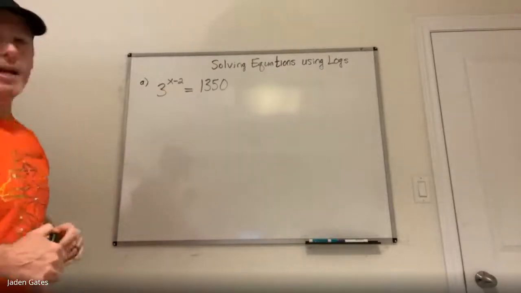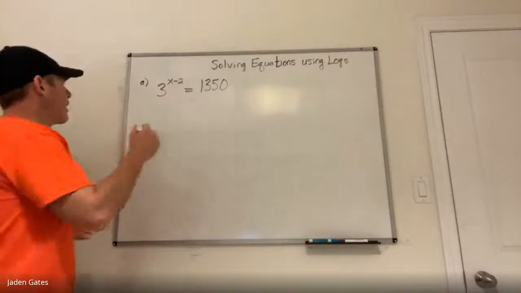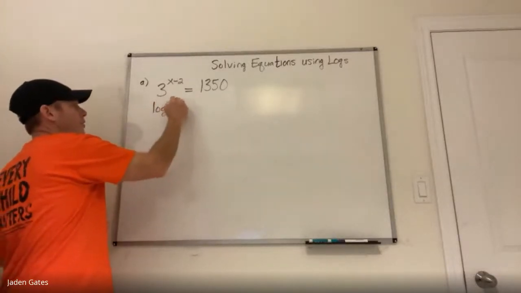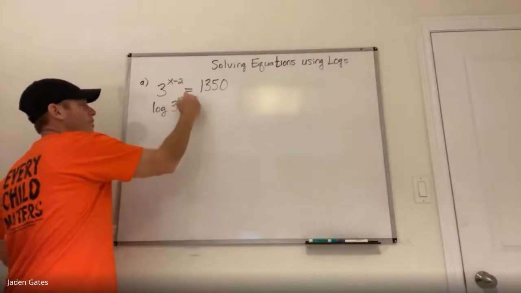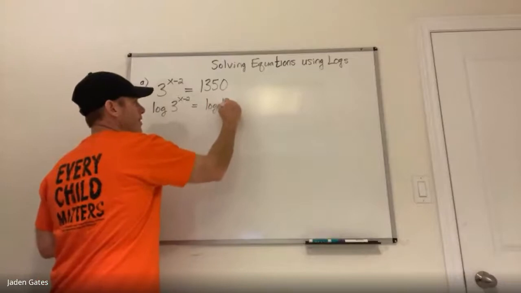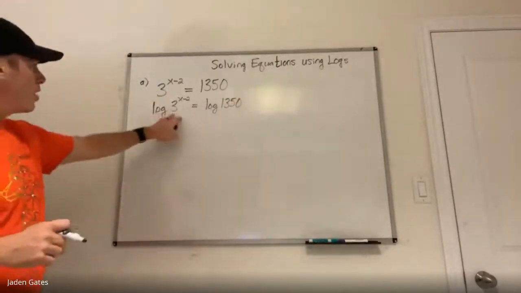My first step is still trying to solve for that exponent, so I'm going to take the log of both sides. I have the log of 3 to the power of x minus 2 is equal to the log of 1350. Now I'm going to use that log rule.